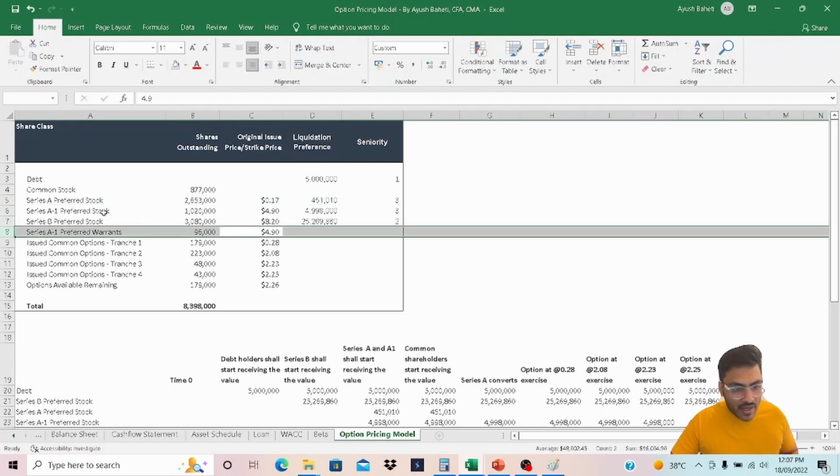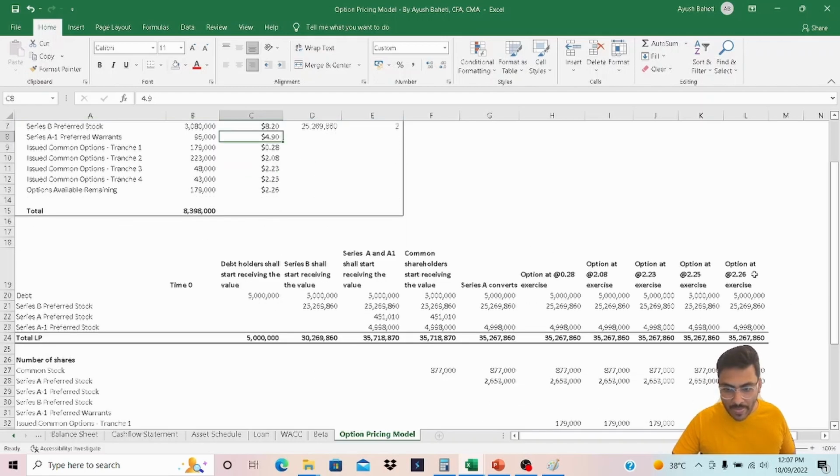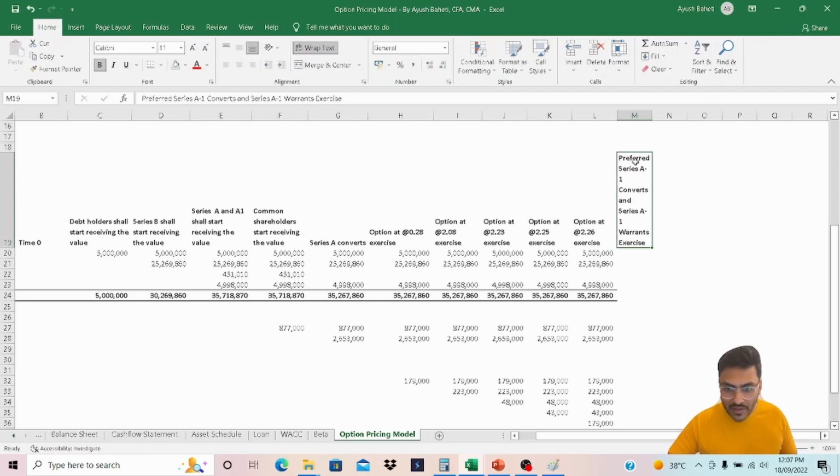So what will happen is that these series A1 preferred stocks and series A1 preferred warrant will convert into equity shares. So our next breakpoint will be the preferred series A1 converts and series A1 warrant exercise.